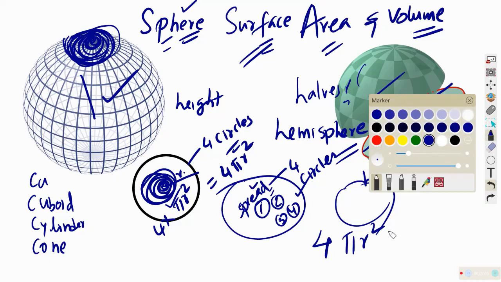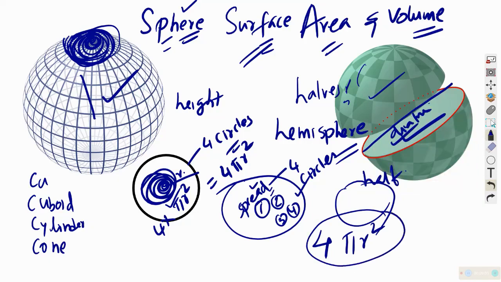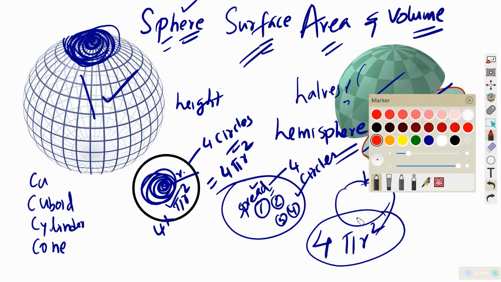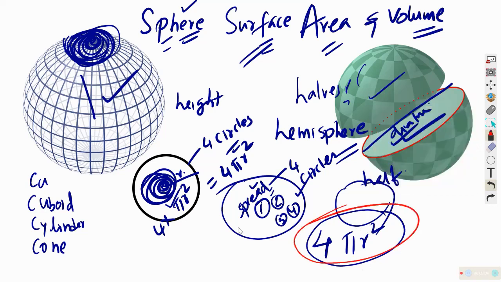इतना ही मुझे आपको बताना है. So what you should know? You should know the radius of the sphere in order to know its surface area. If you want to know only half of it, that is a hemisphere, you will use 2 pi r square. If you are adding the open area over here, you will use 3 pi r square because there is one more pi r square, the open area, open surface.